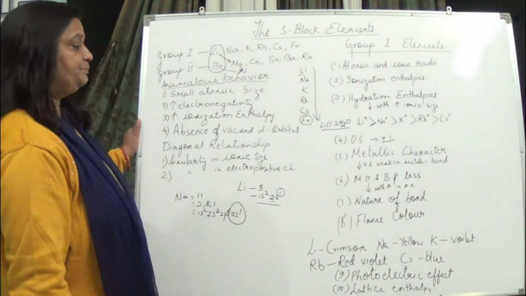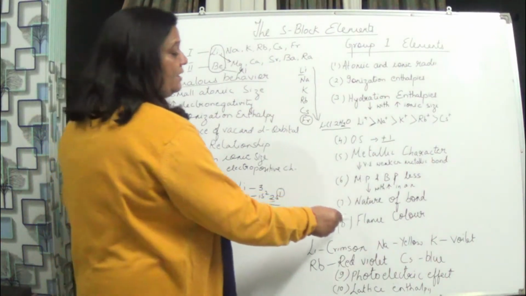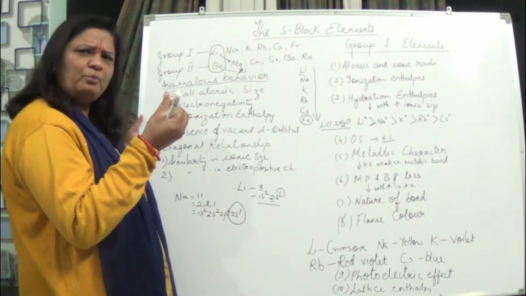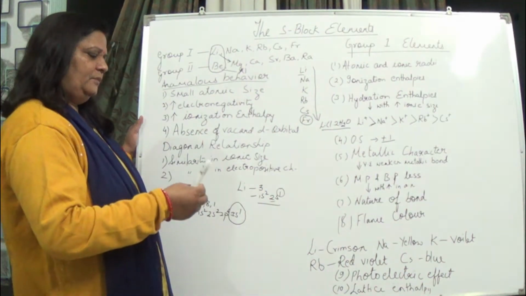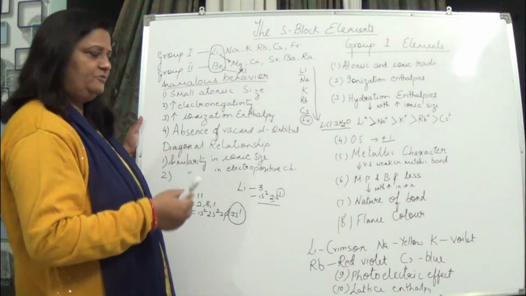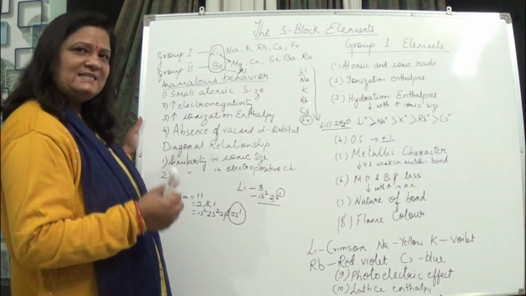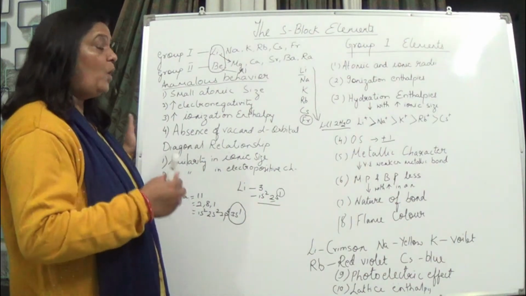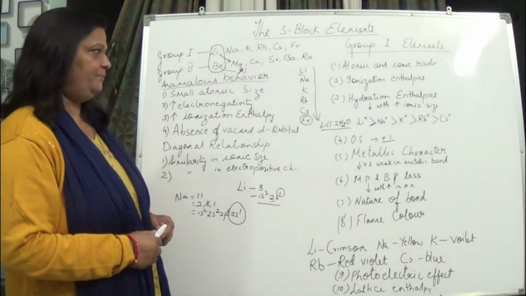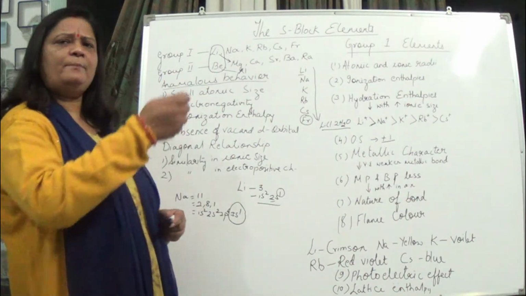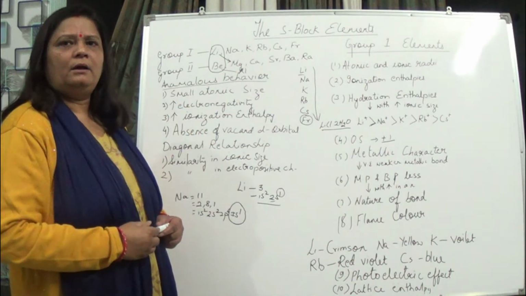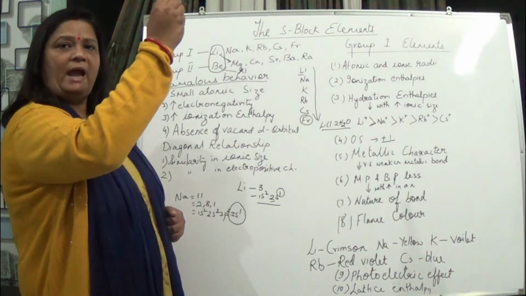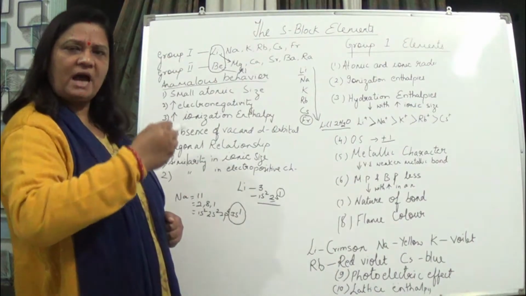Now, coming to the flame color. When you take the salts of this group 1 in the platinum flame test, you will see a characteristic color. Why does this color occur? When we provide heat, the electrons are excited to a higher level, and they want to come back to the ground state.